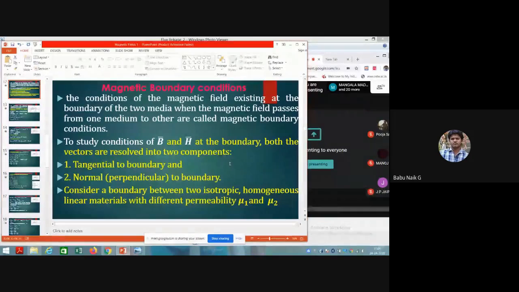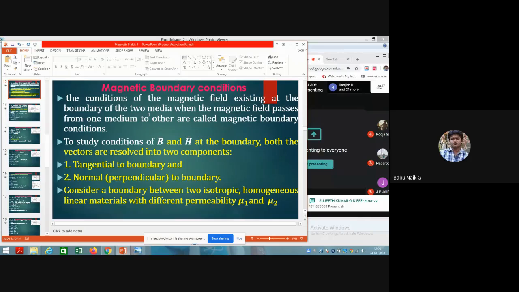Then we saw the main idea of permeability in magnetostatics. In yesterday's class we also saw the boundary conditions in magnetostatics, which are similar to those in electrostatics.